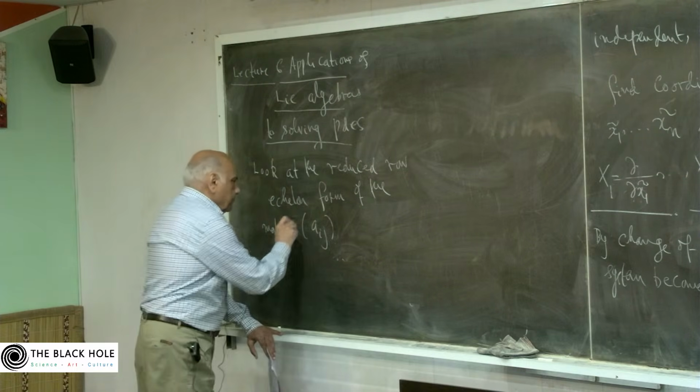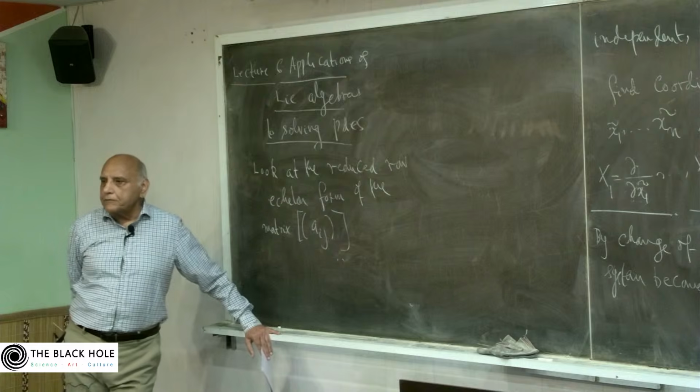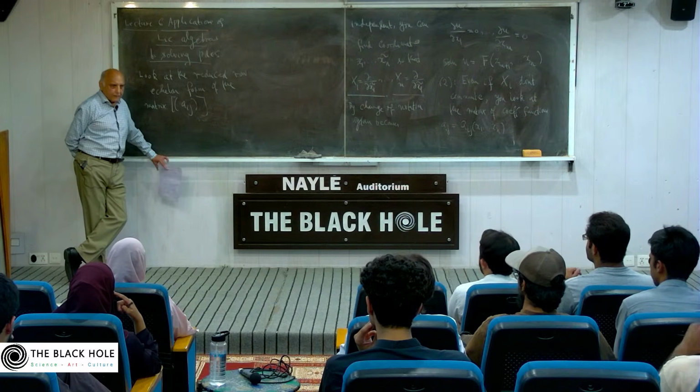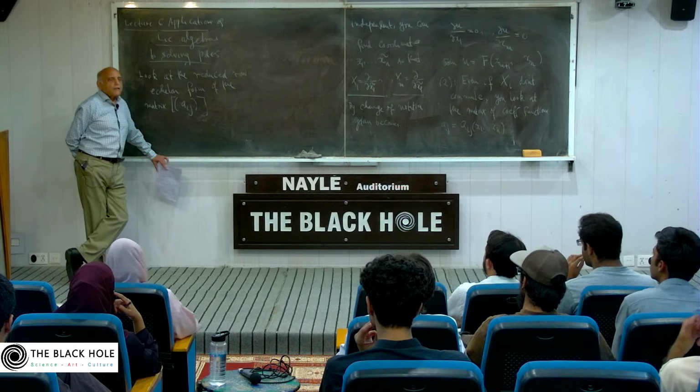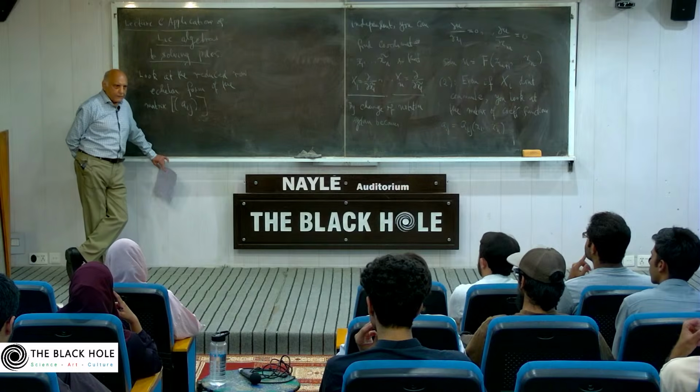Okay. So, do you know what is the reduced row echelon form? It's something in linear algebra, right? But here we are using its reduced row echelon form over not constants but over functions, right?